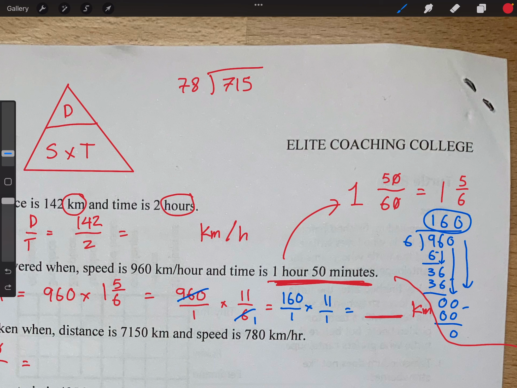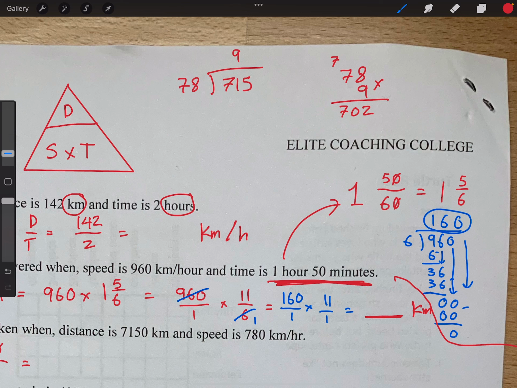I know that 10 times 78 is equal to 780, but that's too big. So let's try 8. Actually, no. Let's try 9. 9 times 78. 9 times 8 is 72. 9 times 7 plus 7 is 70. Let me just double check that with the calculator. Yep, I'm correct. Alright, so we can use 9.